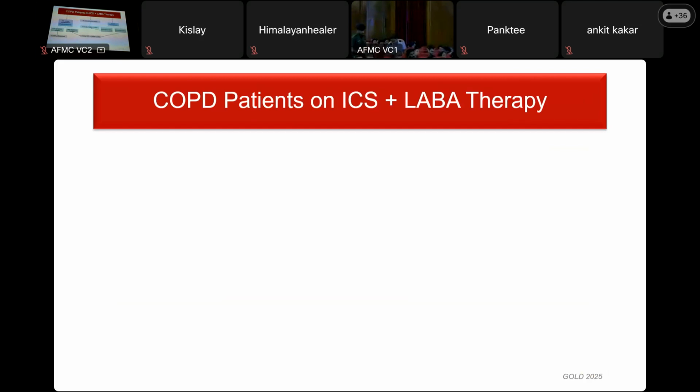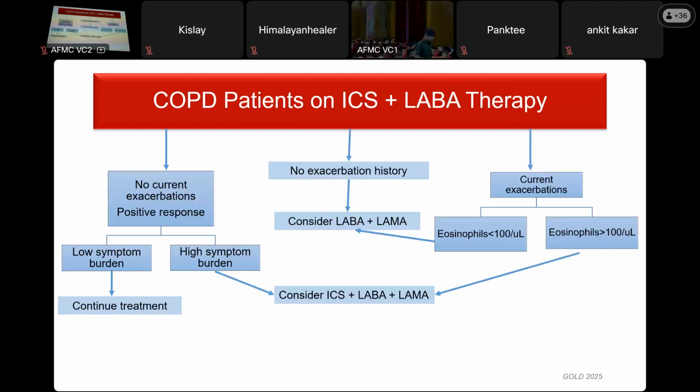So if the patient is currently not having any exacerbations and the symptom burden is low, we can continue with ICS LABA. If the symptom burden is high, we should consider ICS plus LABA plus LAMA. If there is no previous exacerbation history, then the patient can be controlled with a LABA and a LAMA. And if the patient continues to have exacerbations, then also we should switch to ICS plus LABA plus LAMA.